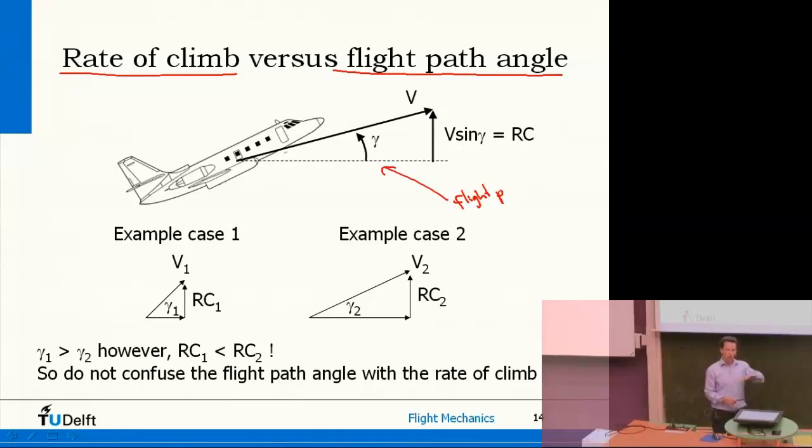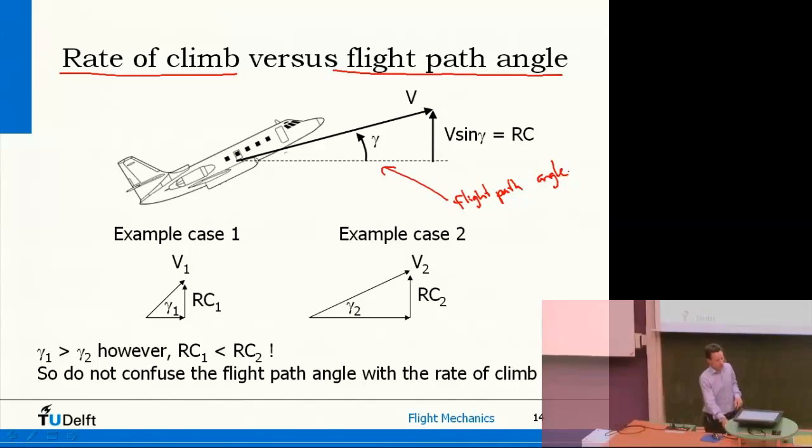So that tells you how steep you're going. But this angle also, together with the airspeed, tells you what the vertical portion of the airspeed is. So the airspeed V times the sine of the flight path angle is what we call RC, or rate of climb, and that's expressed in meters per second.